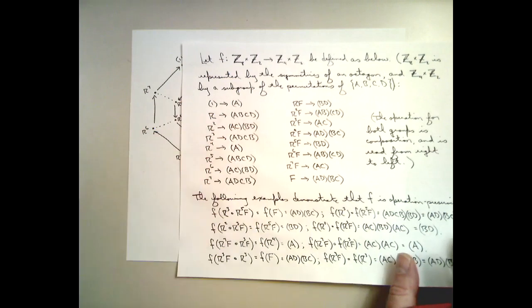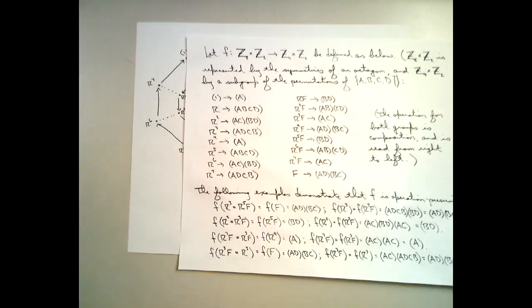So the identity element got sent to A, but 4 rotations also got sent to A.